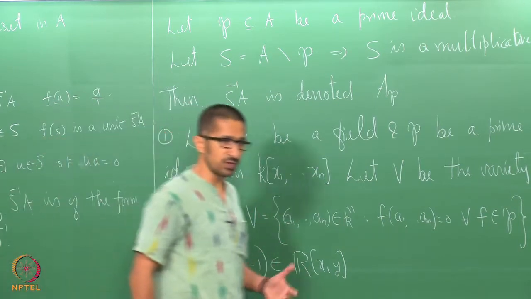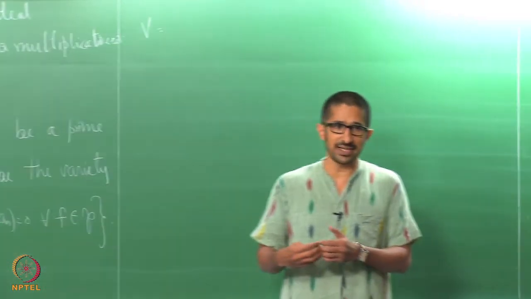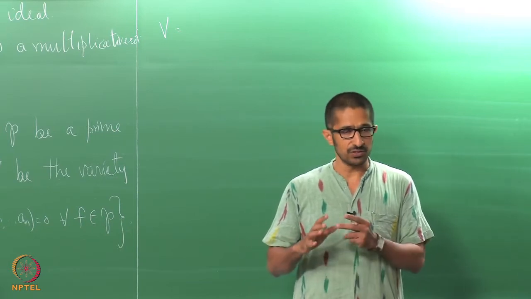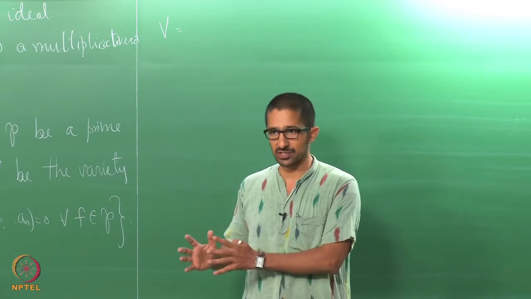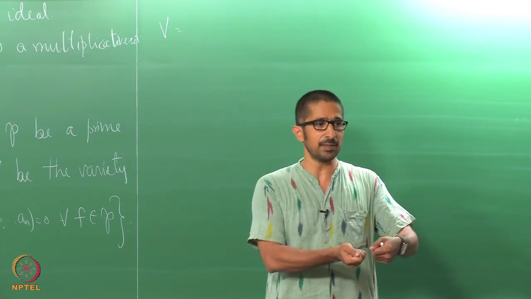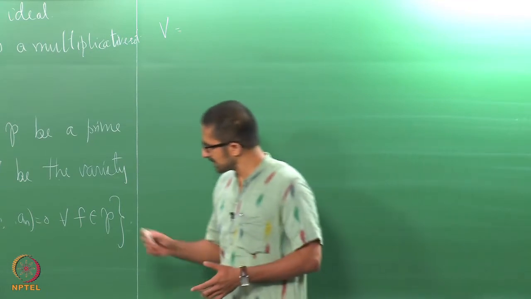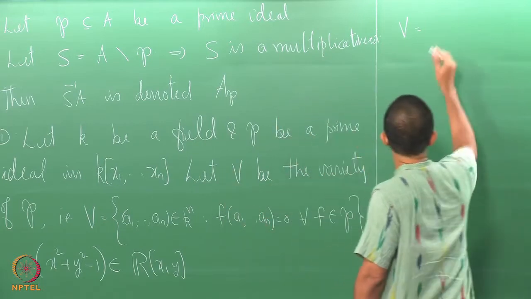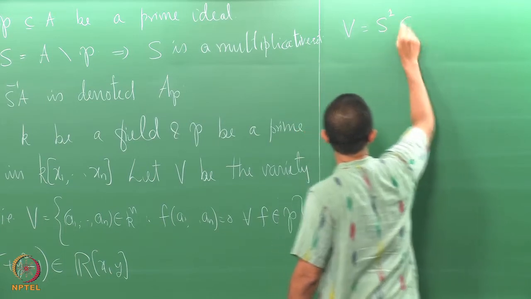In algebraic geometry, given algebraic sets, one has to study a lot of properties of this algebraic set, geometric properties. So, the idea is to create corresponding algebraic objects, study them algebraically, and take the properties back into the geometry. Okay. So, one such object is the correspondence between V and P. Here, in this case, V is S^1 in R^2.